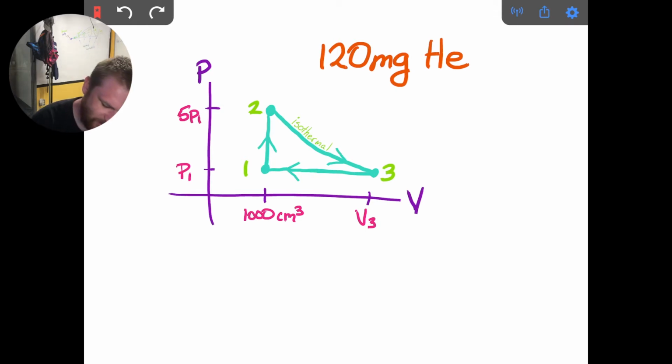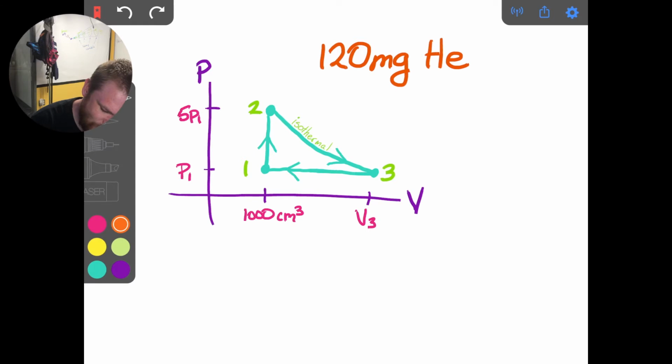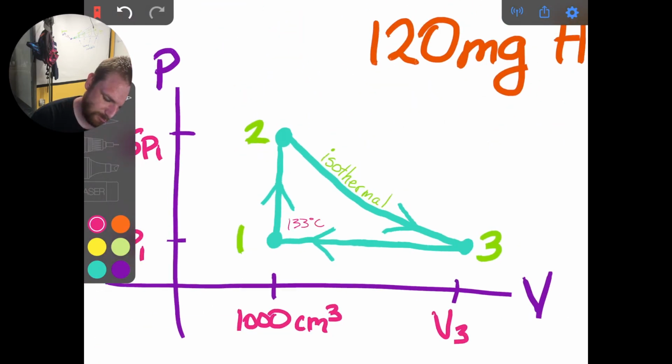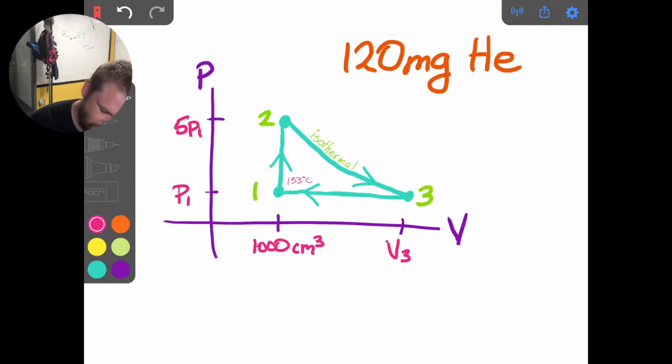Yeah, it's 133 degrees Celsius at 0.1. So let me go ahead and add that. Very good. And so we want to complete a first law table for this particular cycle.